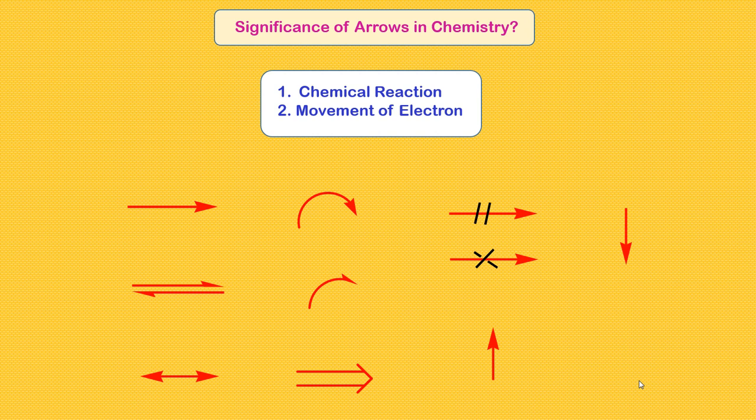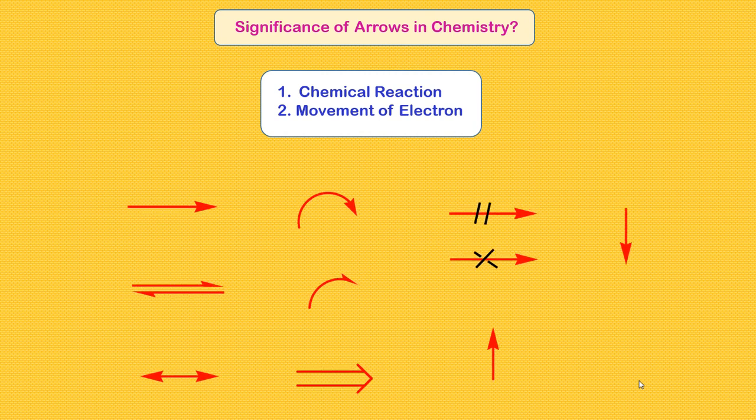And definitely this video will guide all those students who are facing problems with representing reactions, specifically the reaction mechanism, and they will definitely benefit from understanding all these arrows in detail. So let us start with the first arrow.